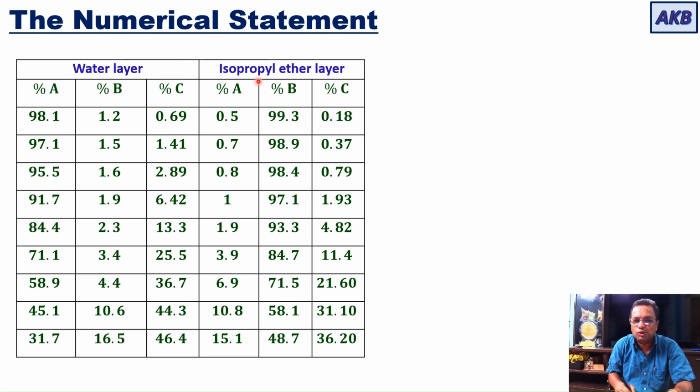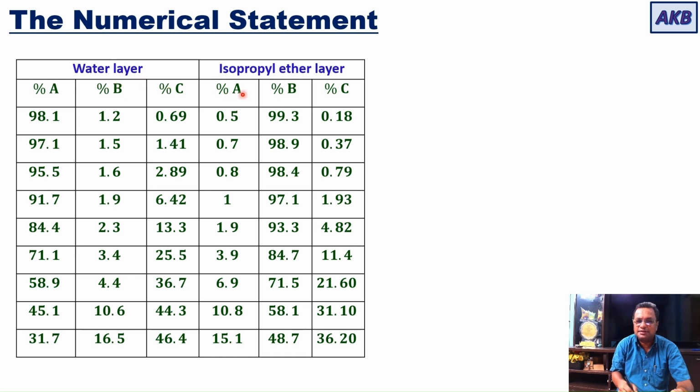And this is the isopropyl ether rich layer because the major component is isopropyl ether. We have denoted isopropyl ether by B, so the major component is B in this case. So that's why it is the isopropyl ether layer. The information in this table is for the case when these two layers are in equilibrium with each other.